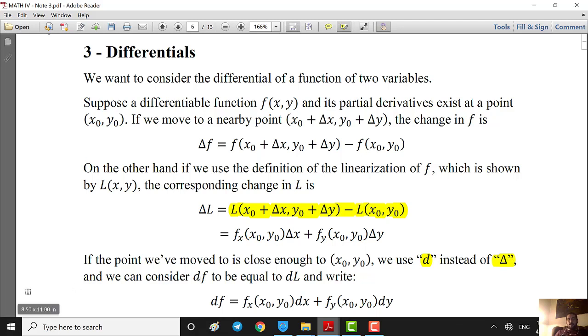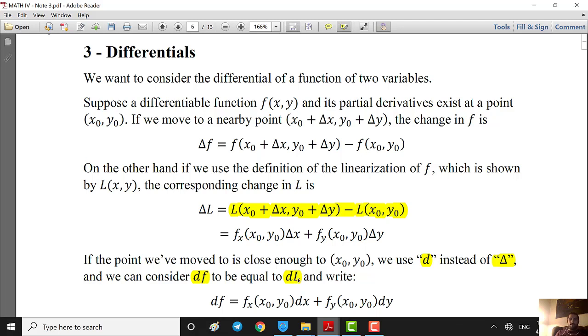And we can consider df to be equal to dL. Okay, the change happening in f, we can consider it to be equal to the change happening in its approximation, right?